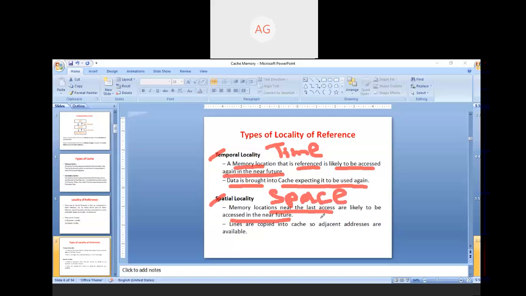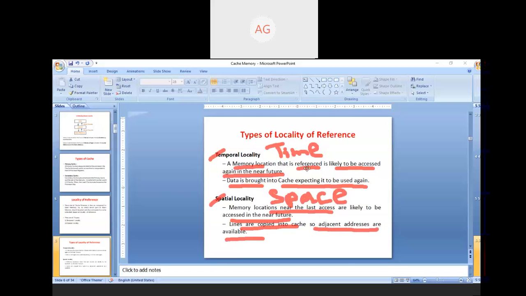So if a memory location, say 4000, is accessed this time, then memory locations closer to 4000, like 3999 and 4001, have a much higher probability of being accessed in the near future. So it relates to space. Lines are copied into cache, so adjacent addresses are available.